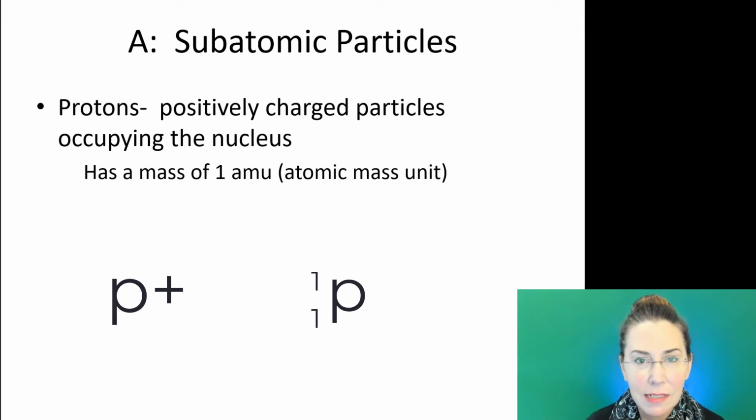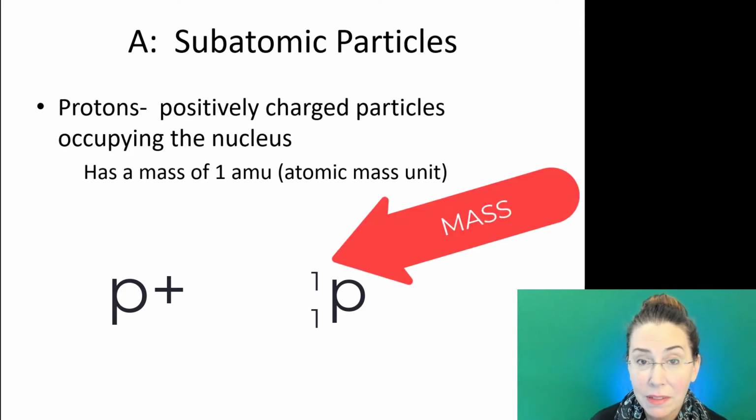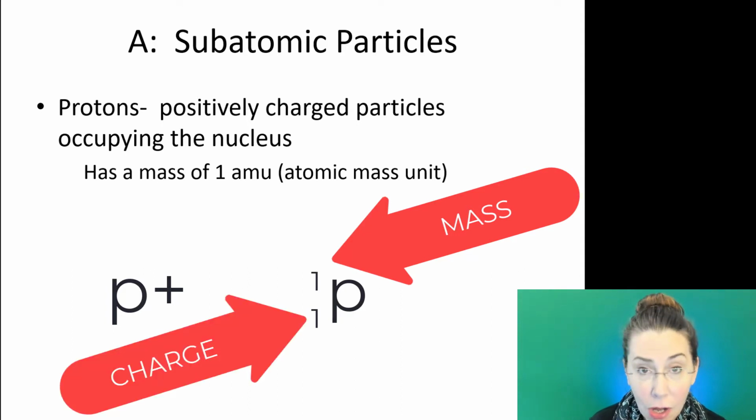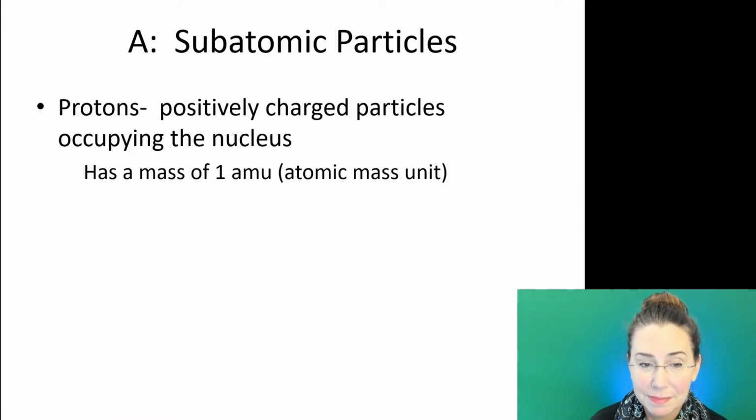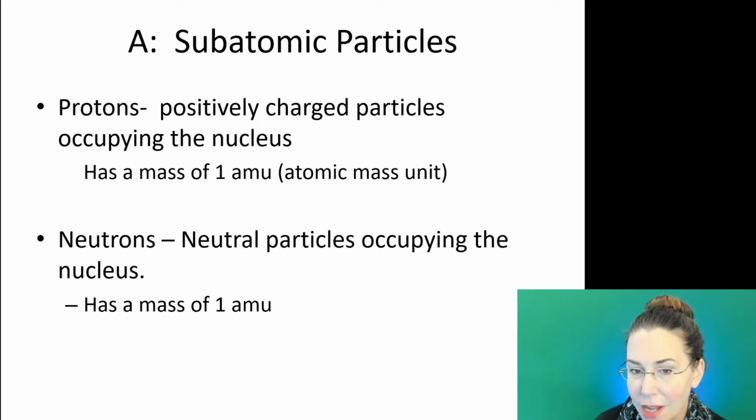We call this isotopic notation. In this case, the number on top represents the mass of the particle, and the number on the bottom represents the charge of the particle, which in the case of a proton is +1.